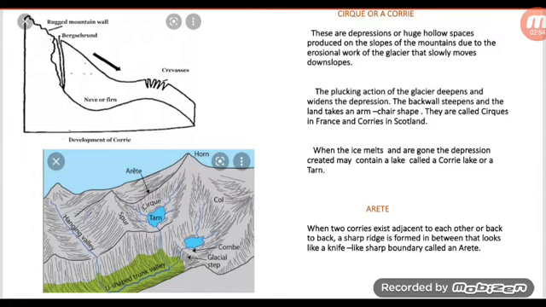There are aretes which are shown with the help of the arrows. So when two or more cirques are growing side by side on the slope of the mountain, the middle part stands up like a ridge, and this has a very sharp edge. That is called an arete. And this is the diagram showing the view of an arete.